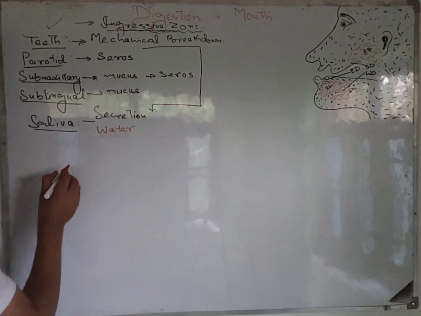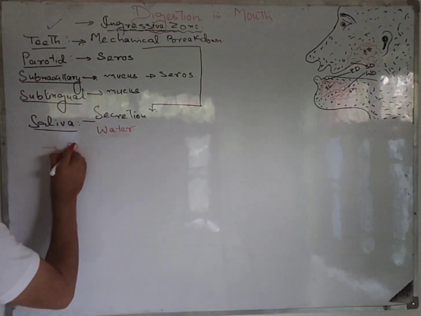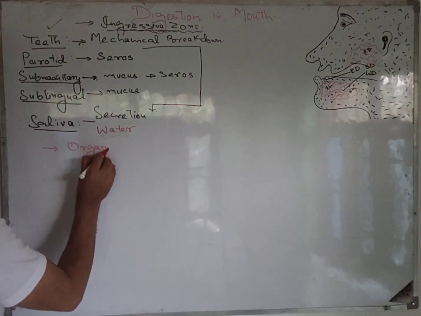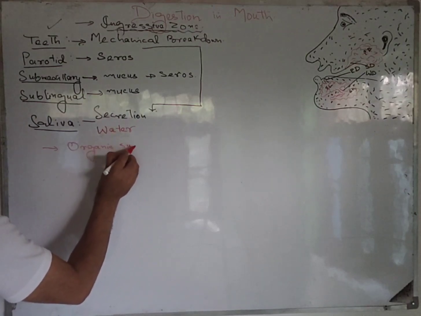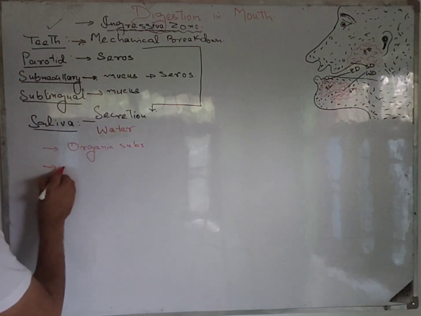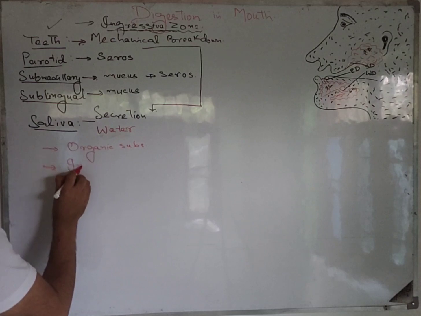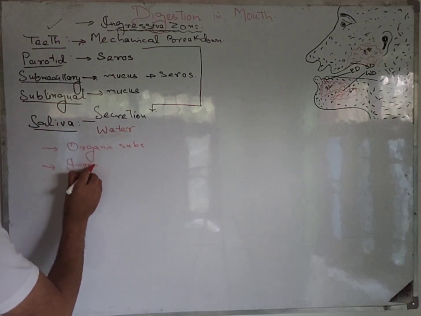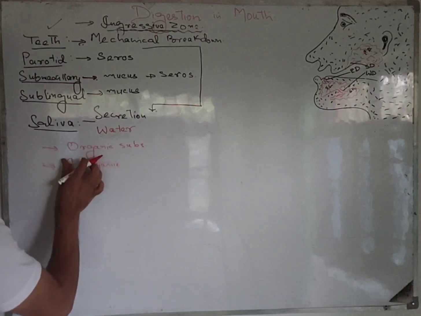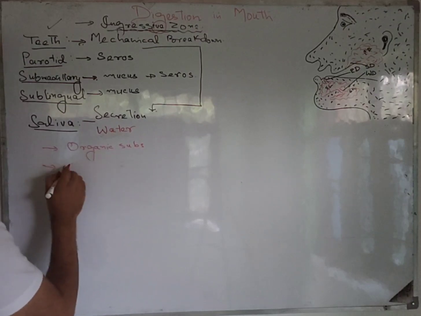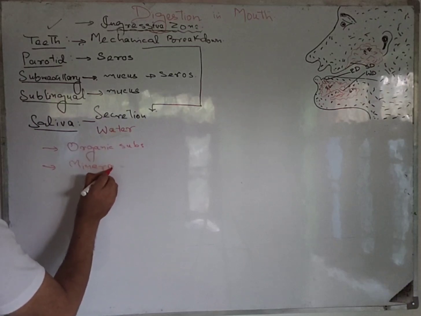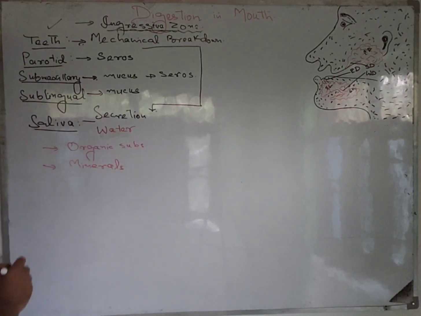Then it consists of organic substances as well. I will let you know which types of organic substances are present in the saliva. It also consists of inorganic minerals, isn't it?